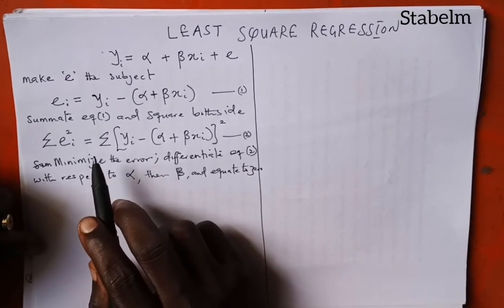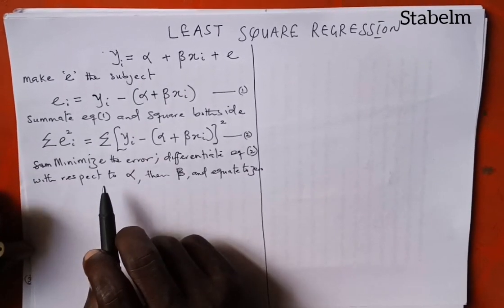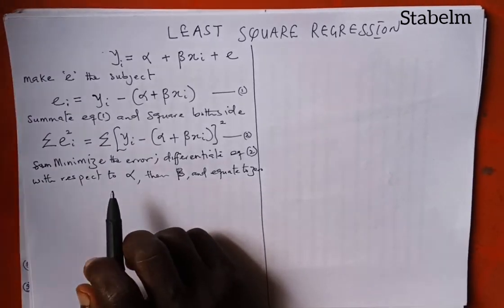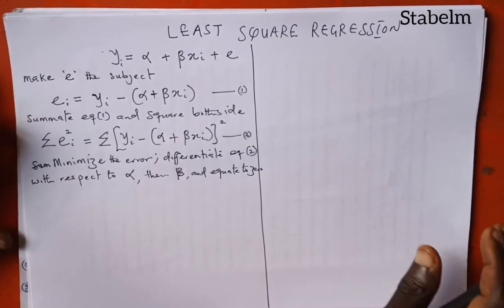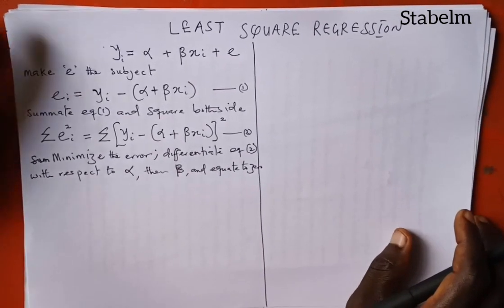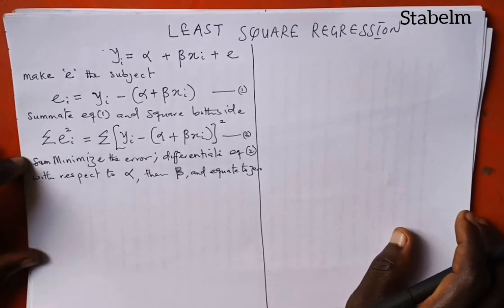We differentiate equation 2 with respect to alpha first, then with respect to beta, and we equate the two equations to 0.